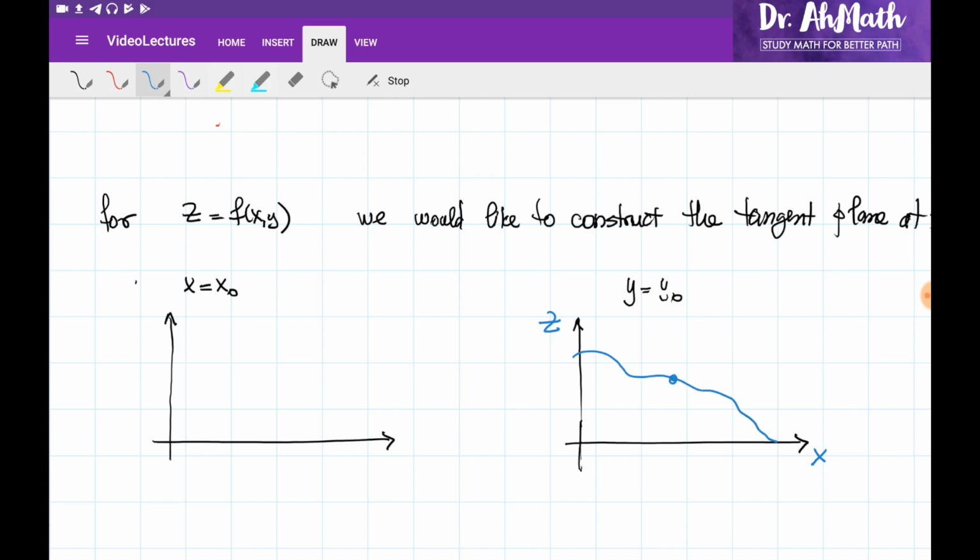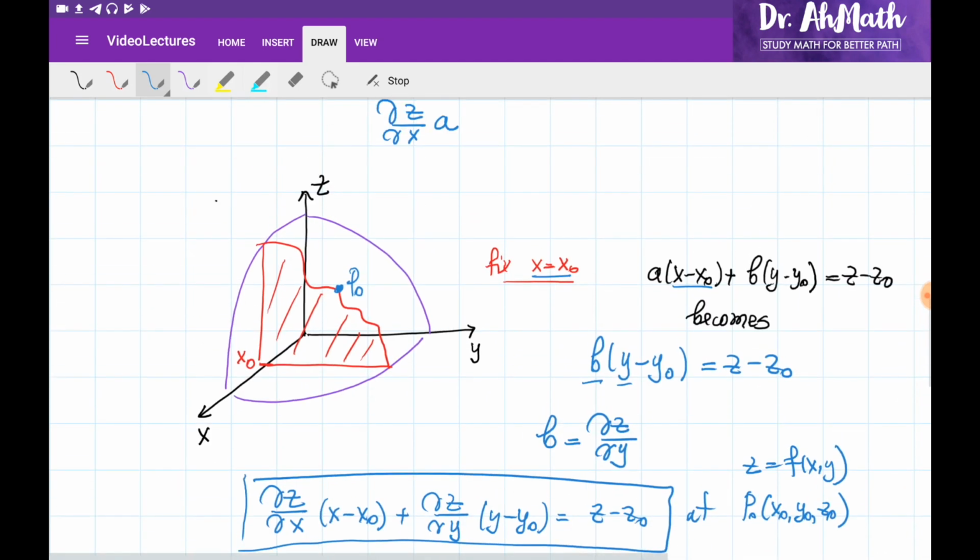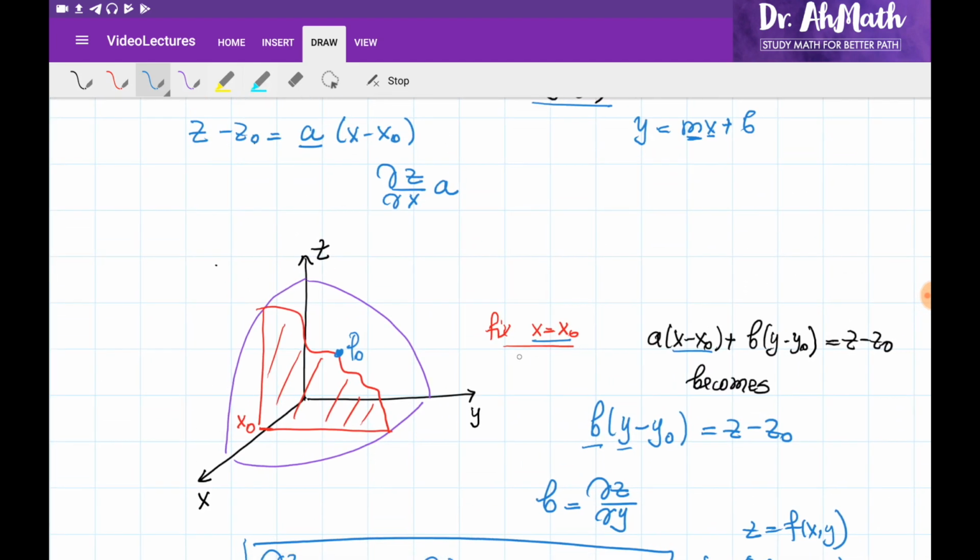So let's say we've got some point P0 with the coordinates x0 and z0. So y0 is fixed already, right? Depending on where I am on x, I can change the height of the surface. The same thing for when I fix x to be equal to x0. When I fix x to be equal to x0, the height of the surface is changing only in the y direction, right?